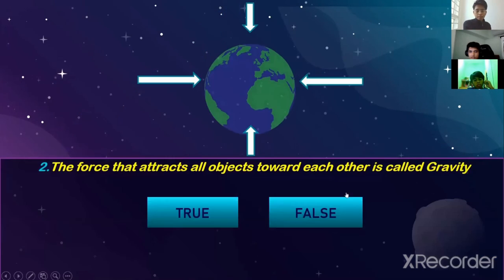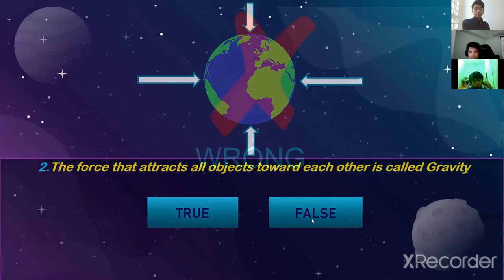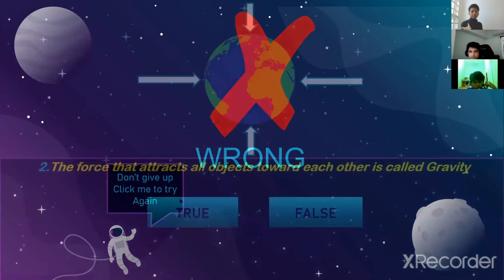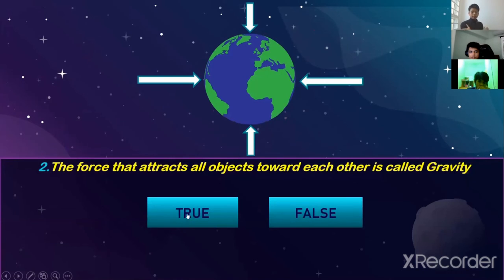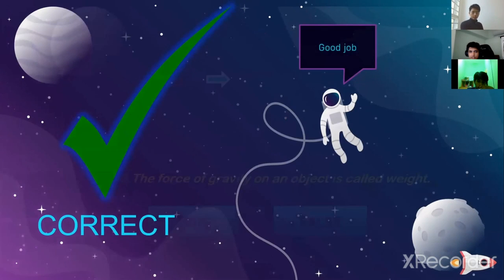For the second question, if the answer is wrong, it will be like this. If you click on the astronaut, it'll bring you back to the previous question. Let me go forward, and then you can go to the next question.